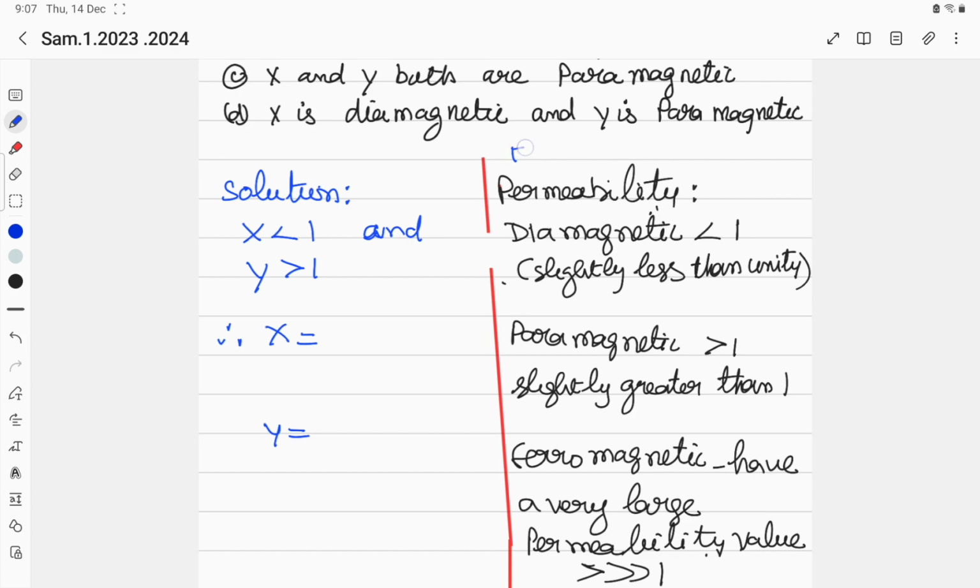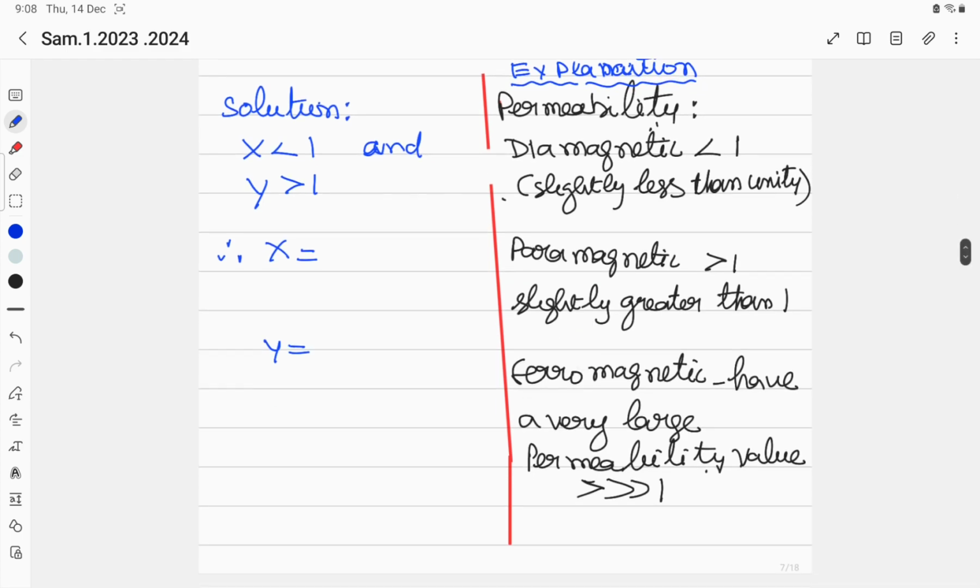Explanation. Permeability in diamagnetism is less than 1, and in paramagnetism it is slightly greater than 1.